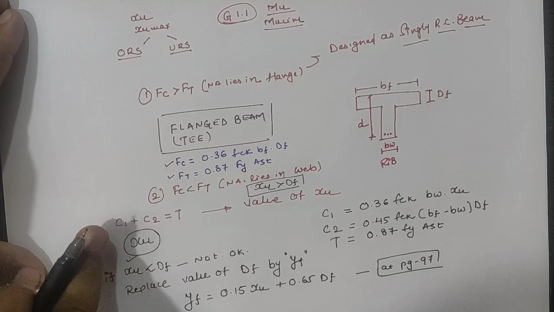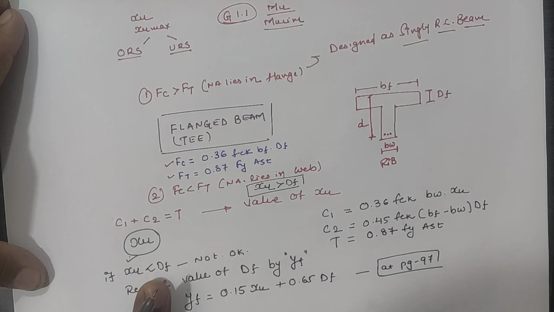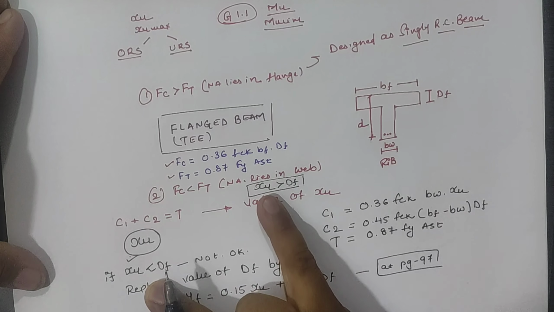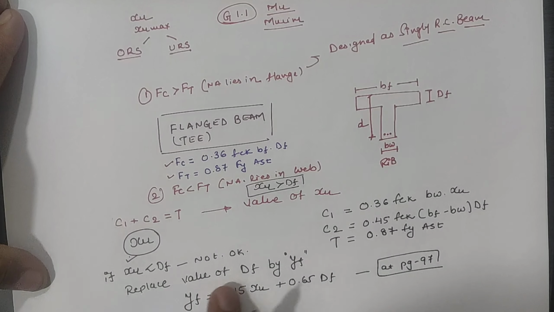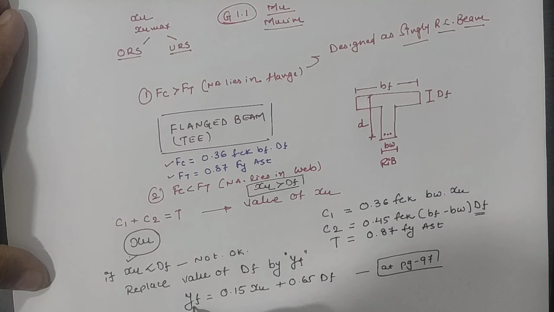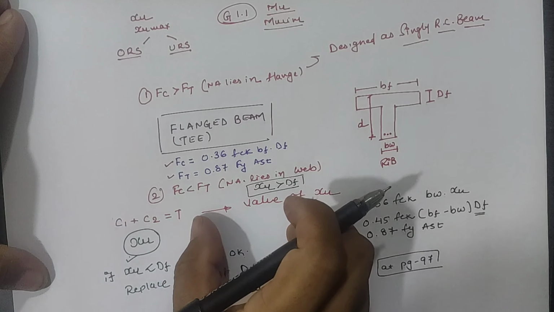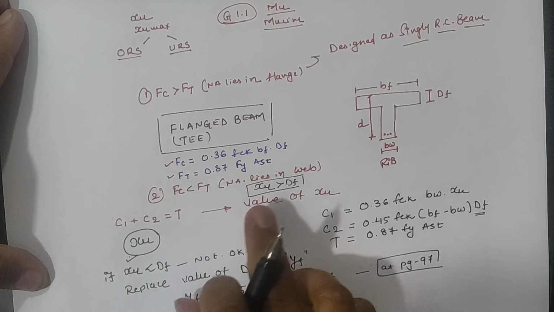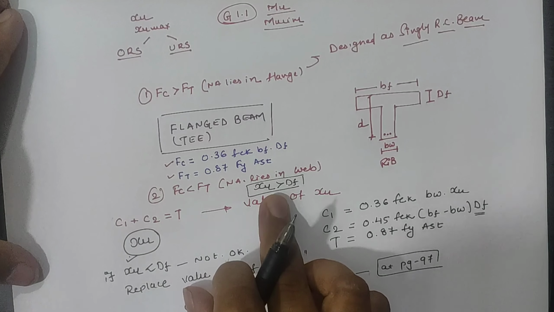We must have XU greater than DF, so we replace the DF value in C2 with YF, which is equal to 0.15 XU plus 0.65 DF. After putting the value of YF in the equation C1 plus C2 equals T, we get XU which is greater than DF.